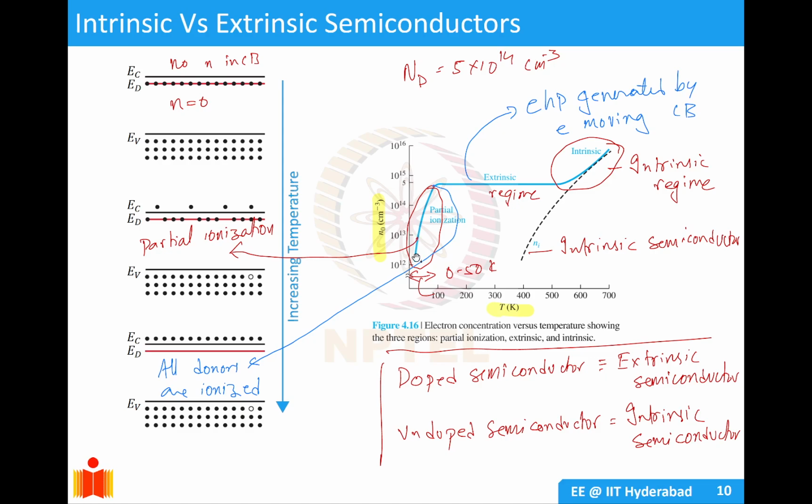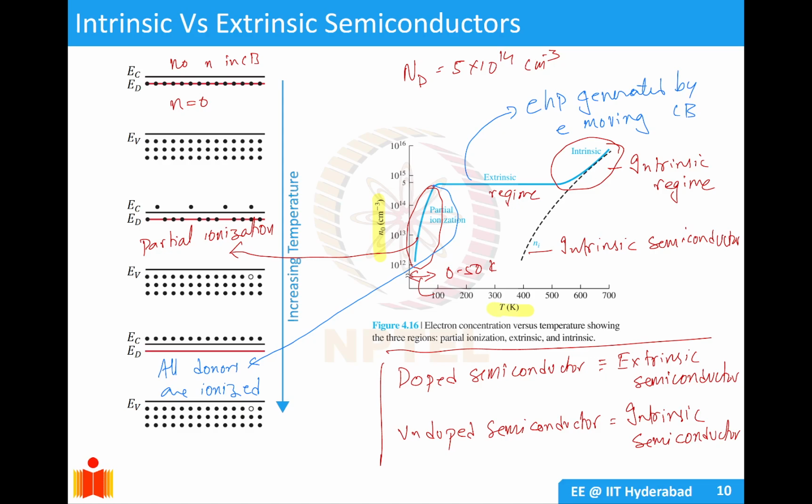Your concentration reduces drastically as you go to lower temperature, whereas at very high temperature, the thermal energy overpowers your band gap energy, and then you have something called impact ionization, which results in a large number of electron-hole pair generation.